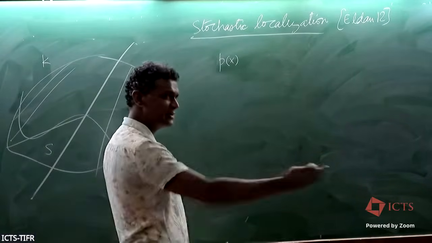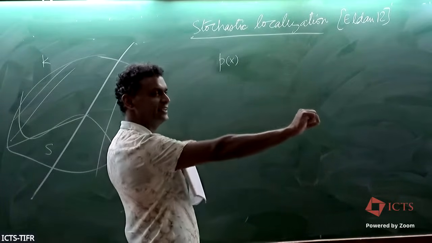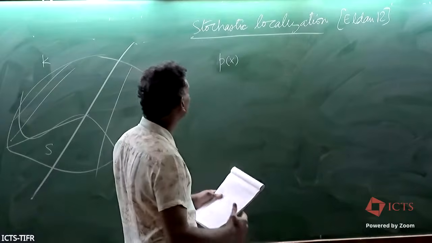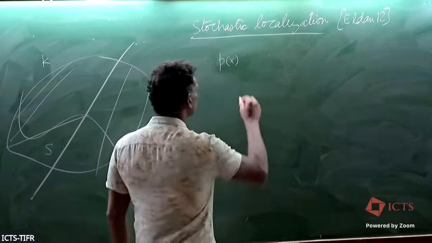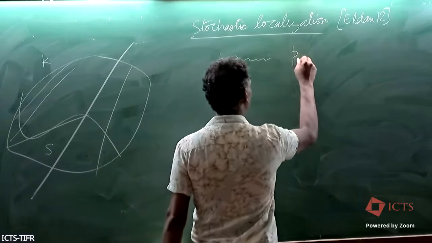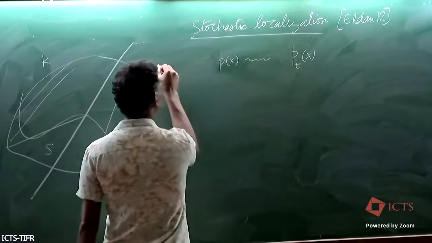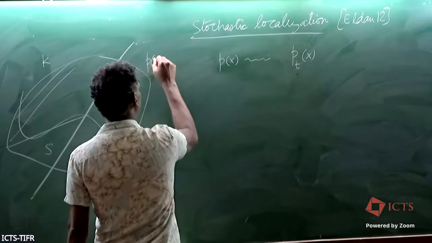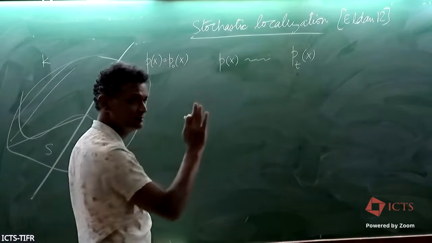We'll pick a random direction, and in that random direction, we'll apply a linear reweighting. As a result, this density will change over time, and we'll call it p_t(x). At any point in time, t is now time, starting at 0. So p(x) is p_0(x), some density.